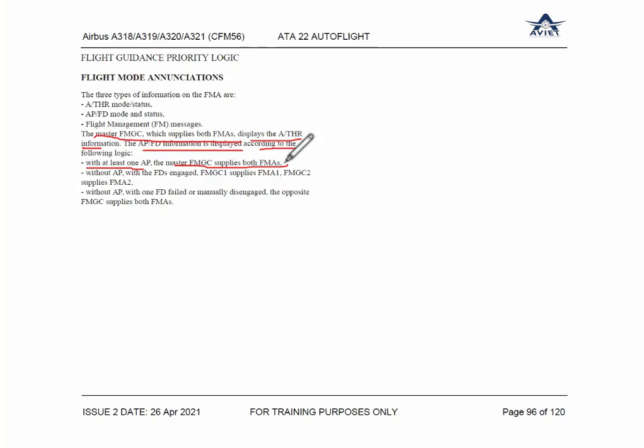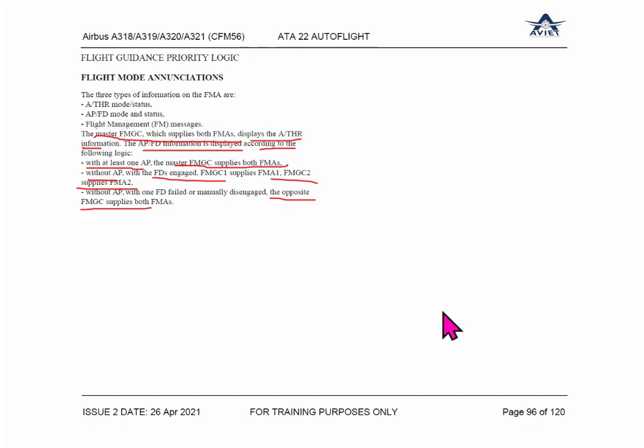But if autopilot is not engaged, then the respective FMGC will supply the FMA information. Without AP, with one FD failed or manually disengaged, the opposite FMGC will supply the FMA.